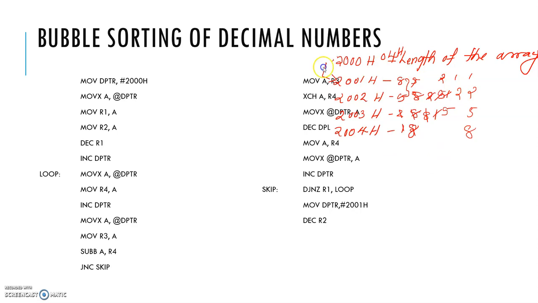Again this should repeat for another 4 times. So decrement R2 and MOV A comma R2, the value of R2 is decremented and placed in accumulator register, and this is placed in R1, so that the process should repeat.